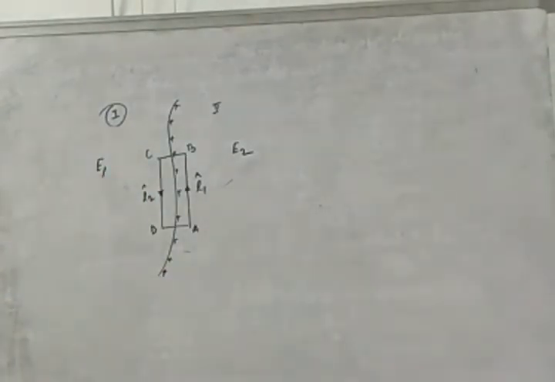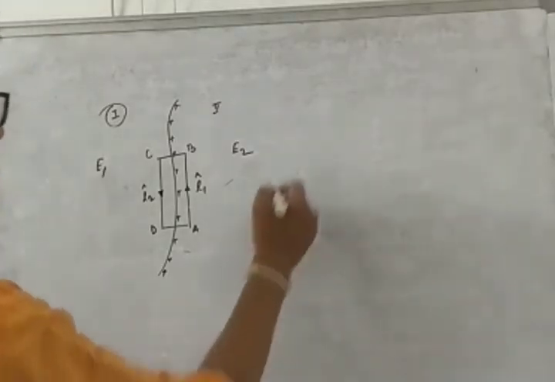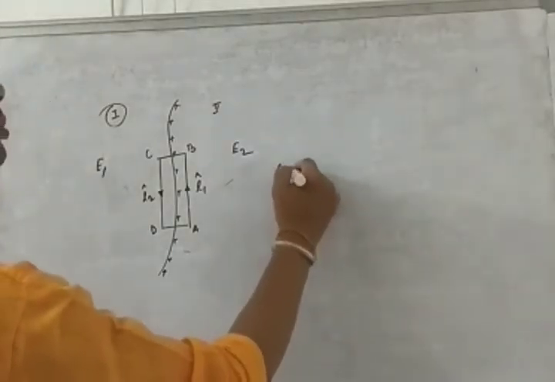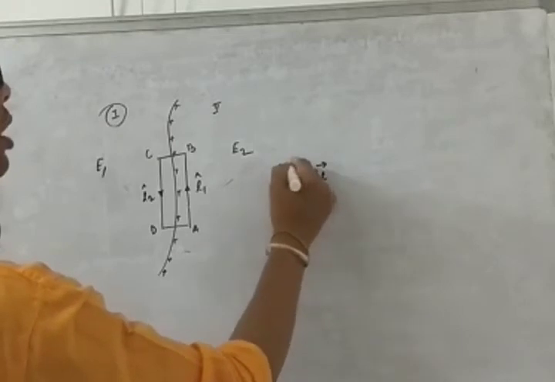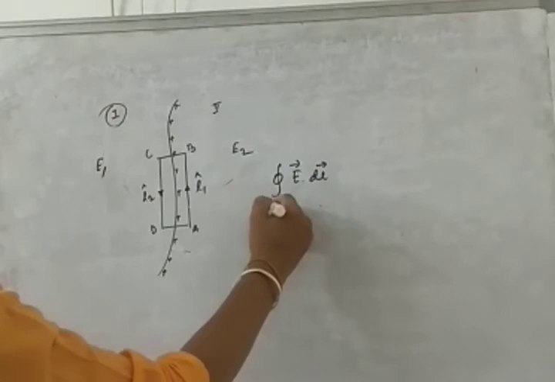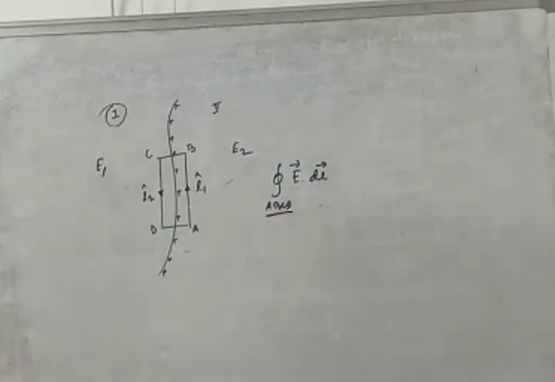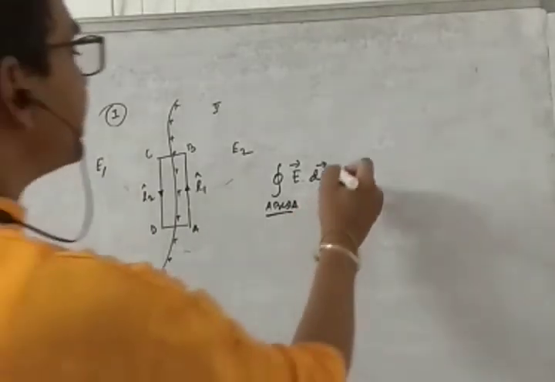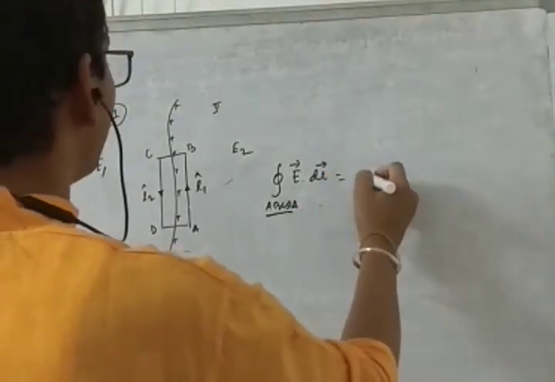Now, taking the line integration of the electric field in the closed path A, B, C, D, coming back to A. This closed line integration has four parts.